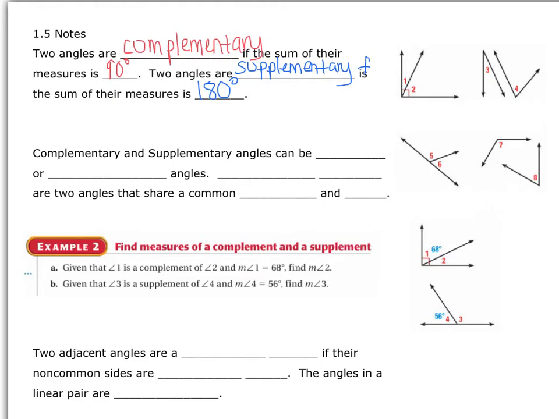Now, the difference between these two pictures is what we call adjacent and non-adjacent. So complementary and supplementary angles can be adjacent or non-adjacent.